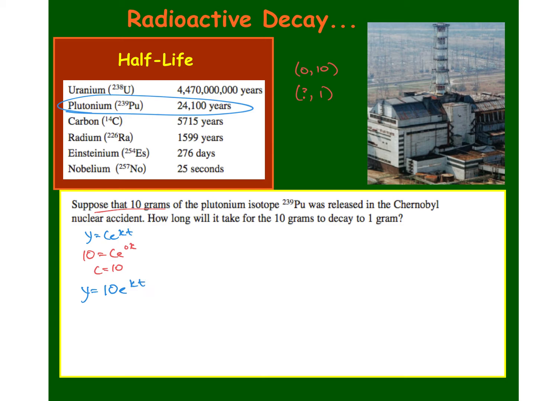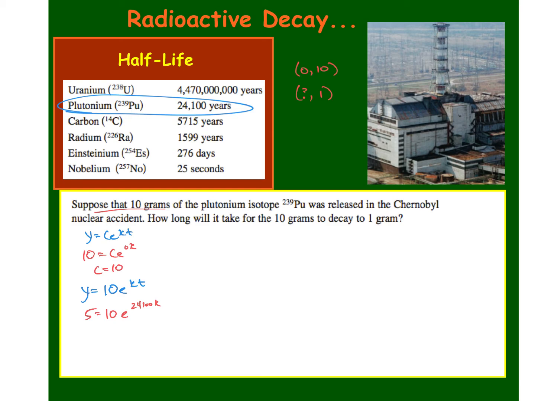Now we need to solve for k. And this is where we use our half-life. So every 24,100 years, it's halvesies. So if I start out with 10, what would be halvesy of that? That'd be 5. So now I have 5 is equal to 10e to the 24,100k.